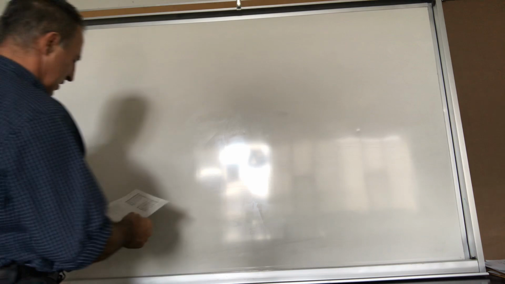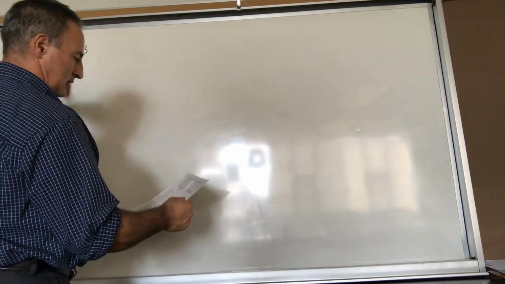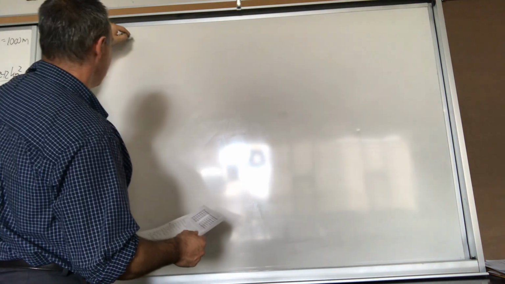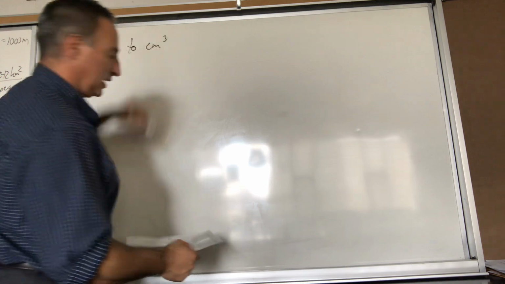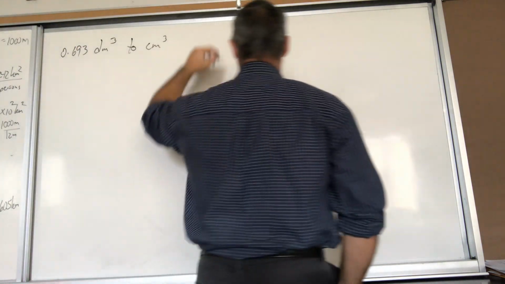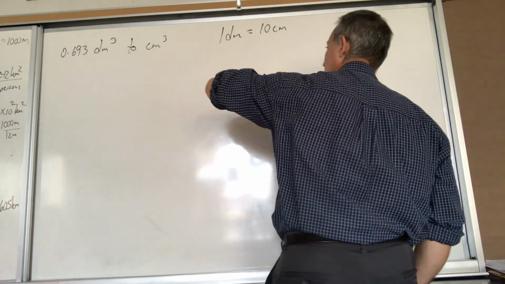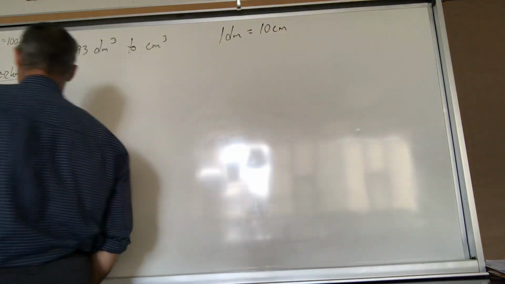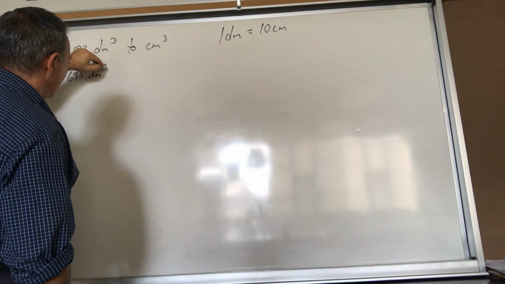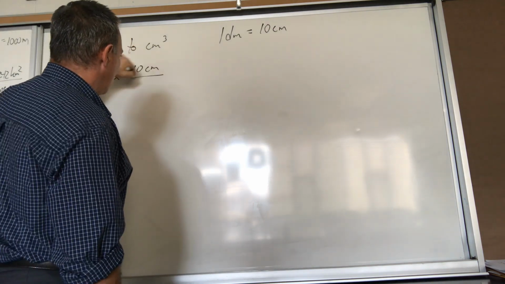Number 10 is to convert 0.693 decimeters cubed to centimeters cubed. Okay. To solve this, you'll have to know that 1 decimeter is equal to 10 centimeters. Don't worry about the cubed part, we can fix that later. So 0.693 decimeters cubed times 10 centimeters per 1 decimeter.